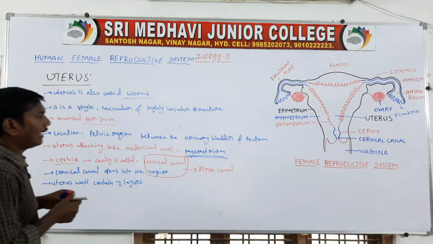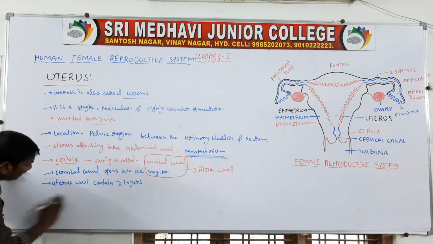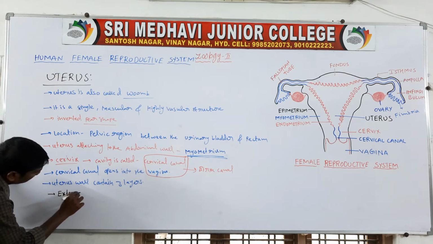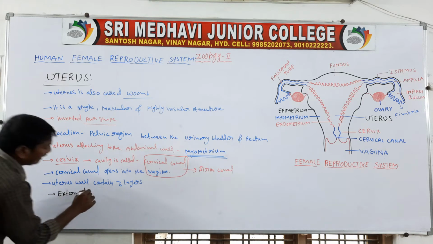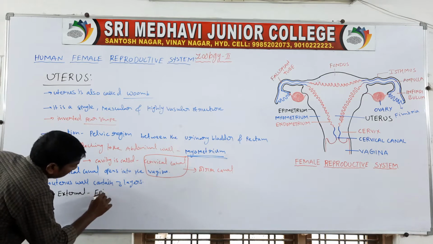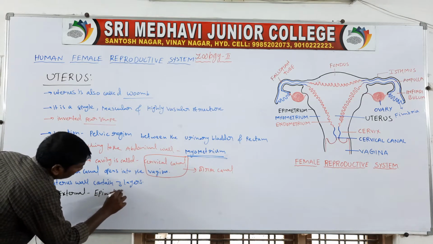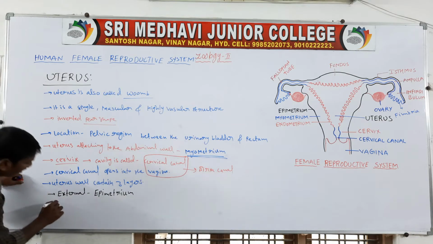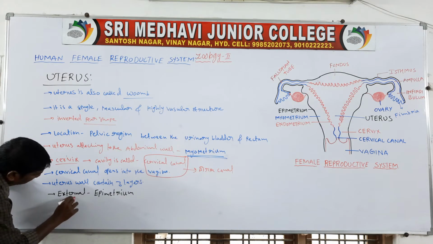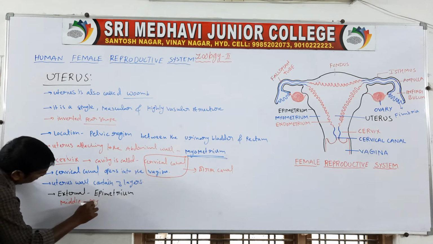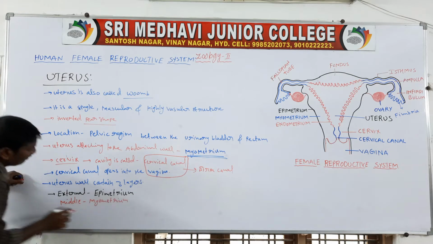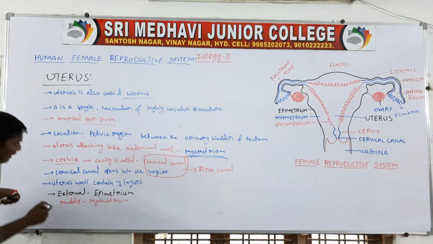First, the outer layer, the perimetrium, which is external. The middle layer, the myometrium. And the inner layer, the endometrium.